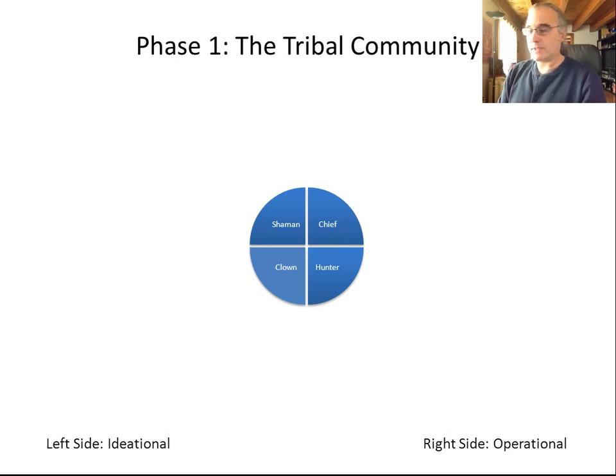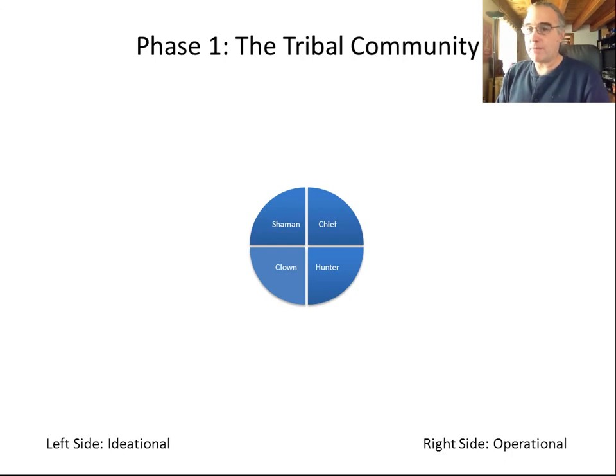That's a very important distinction because it's going to let us know how a political magnetic field is created around all this business. But as you can see, the people on the right side of the circle, the chief and the hunter, are the people responsible for the operations of the tribe.